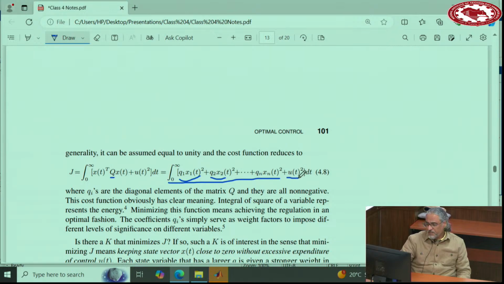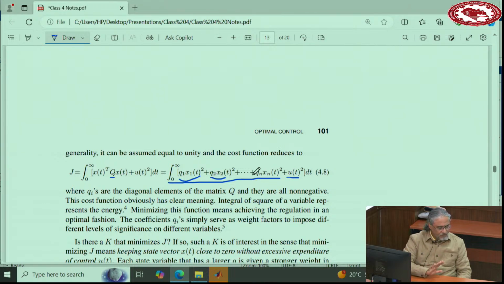And this indicates the energy of u. If you realize, I put this one equal to 1. That's no problem, because when you minimize something, you can minimize a factor of that thing. It doesn't cause any problem. Just to simplify the problem, I put 1 here. So now you need to choose q1, q2, up to qn.